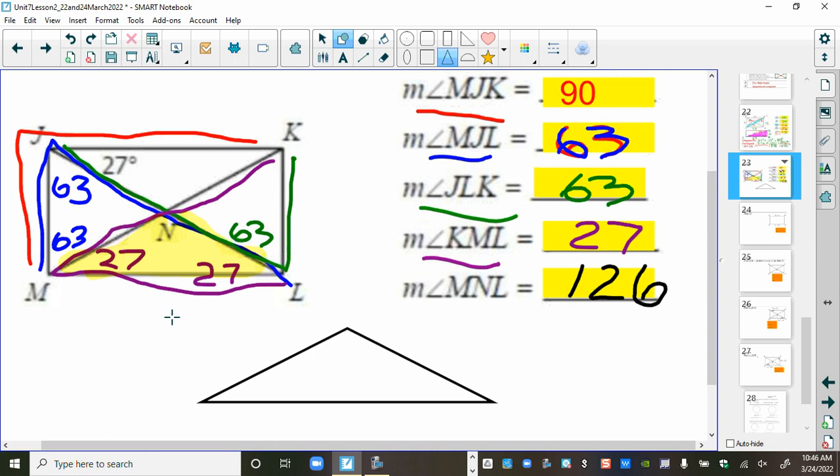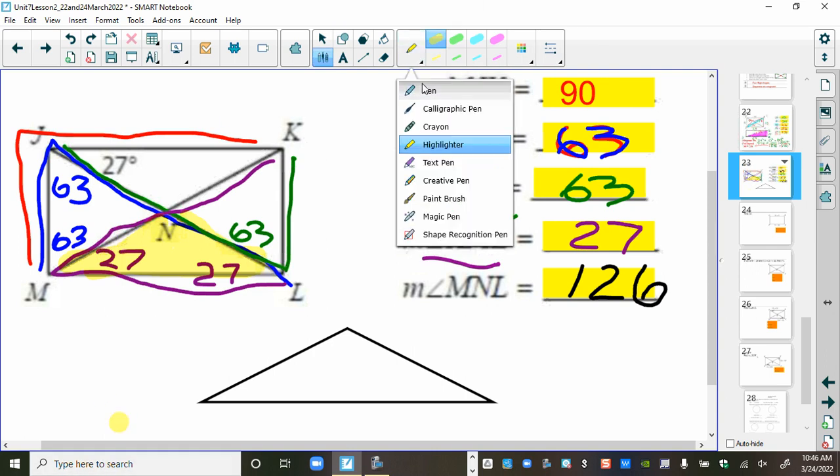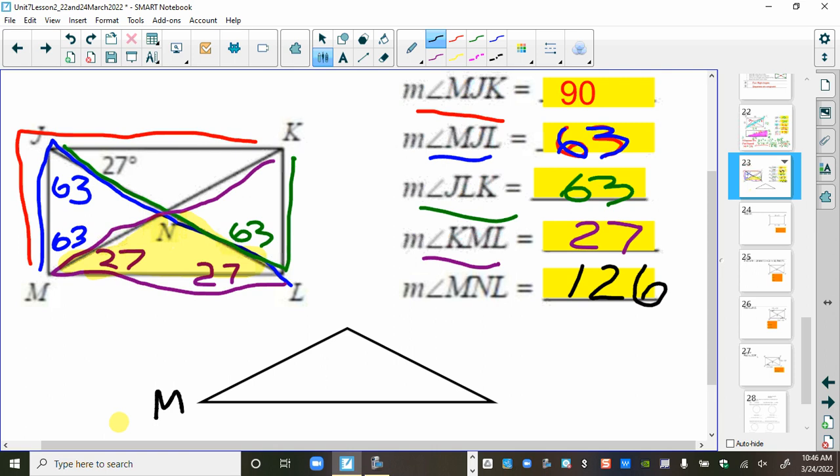Here's what Des did. M and L. These diagonals were congruent because that's with rectangles. Diagonals and their little subsegments are going to be congruent. We found out this angle was 27. That means this angle also has to be 27.